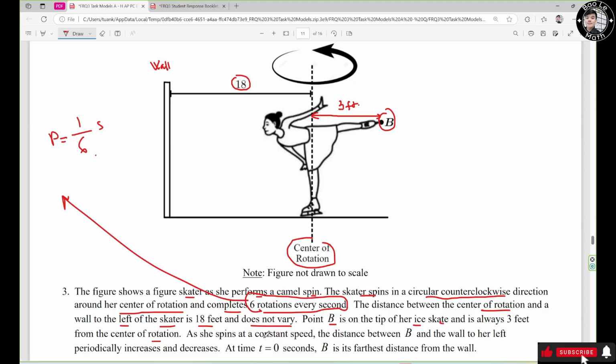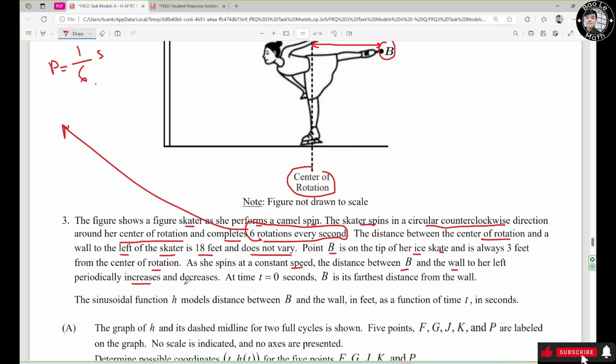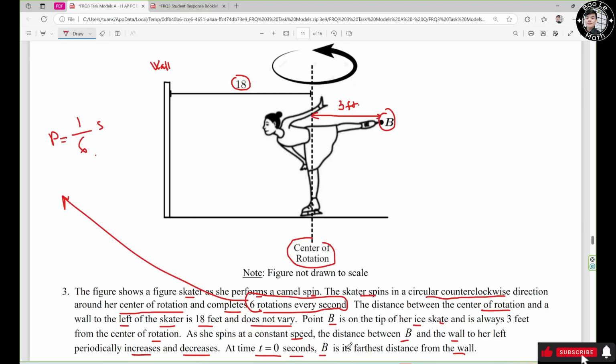As she spins at a constant speed, the distance between point B and the wall to her left periodically increases and decreases. At time t equals 0 seconds, point B is at its farthest distance from the wall. If this is the farthest distance, it's going to be 18 plus 3 equals 21 feet.